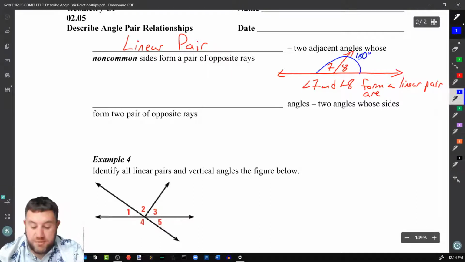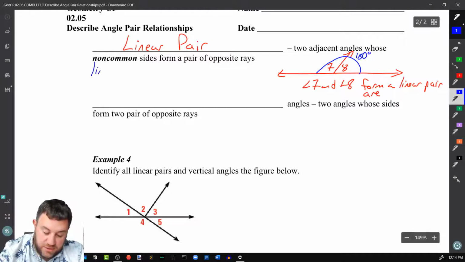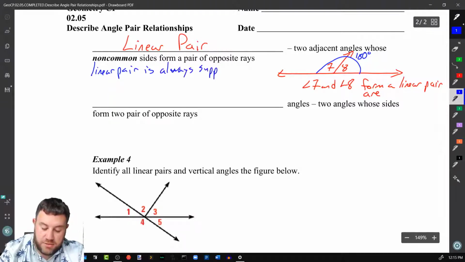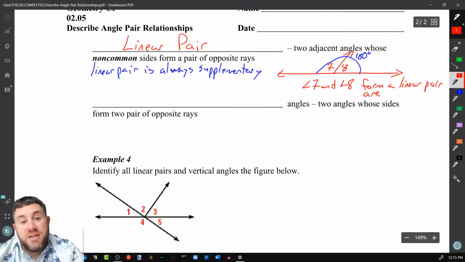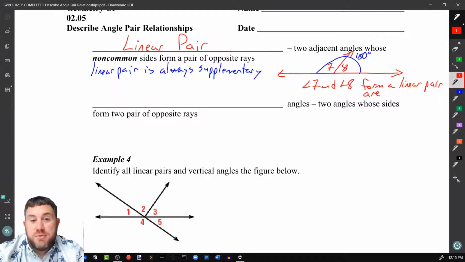So we also know that a linear pair is always supplementary. So if you have a linear pair, you know that the angles will be supplementary. If you have supplementary angles, you don't necessarily know that they're a linear pair, though.